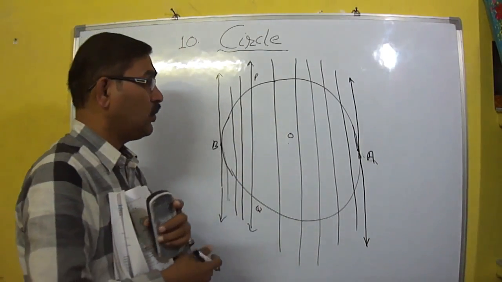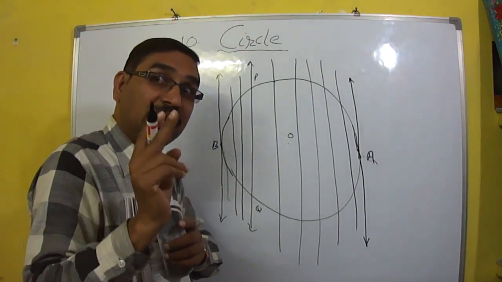So what is the conclusion? We can draw only a maximum of two tangents parallel to each other.